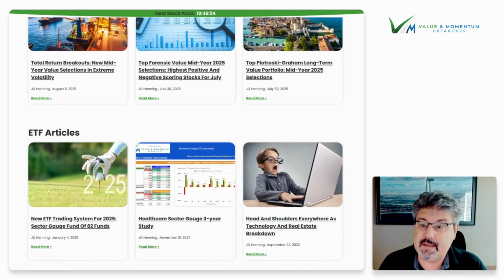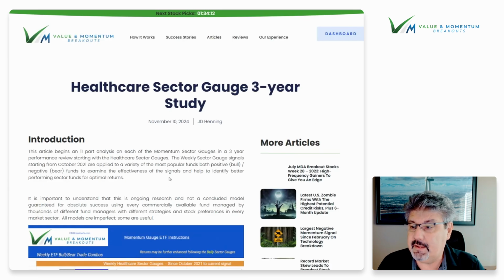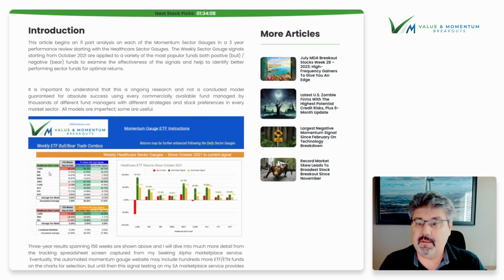And related to that, I said I was going to talk a little bit about the ETFs. I have over 3 years of data to analyze the different sectors, and I put an article here on V&M Breakouts. It just shows a sample of bear funds and bull funds, and there's usually more bull funds than bear funds available to invest in. But they're all managed by different managers with different ideas of what's going to work. And you can see the performance in the healthcare sector is very different.